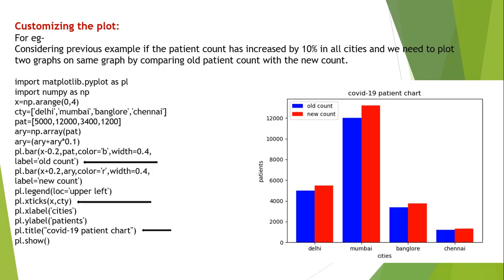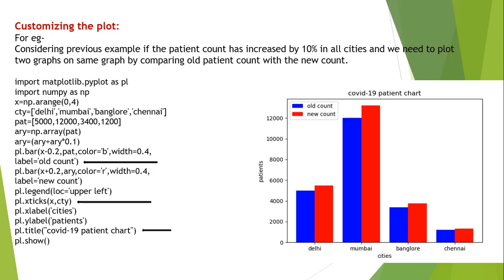Here you can see all the details are mentioned. COVID-19 patient chart title is there. See, labels are also there, and the legend has been shown. That means the blue color is representing the old count and the red color is representing the new count.